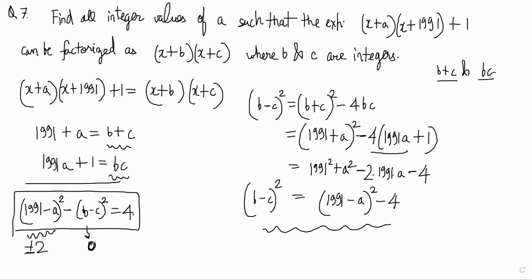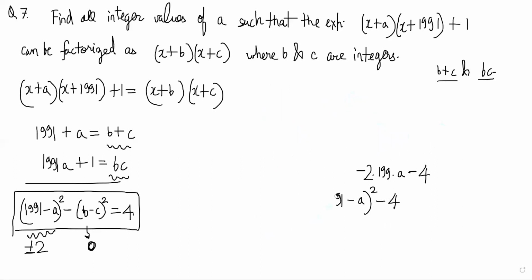I don't know. The difference between two perfect squares is 4. Oh yeah, we can say that I think, because the difference between perfect squares keeps on increasing, right?